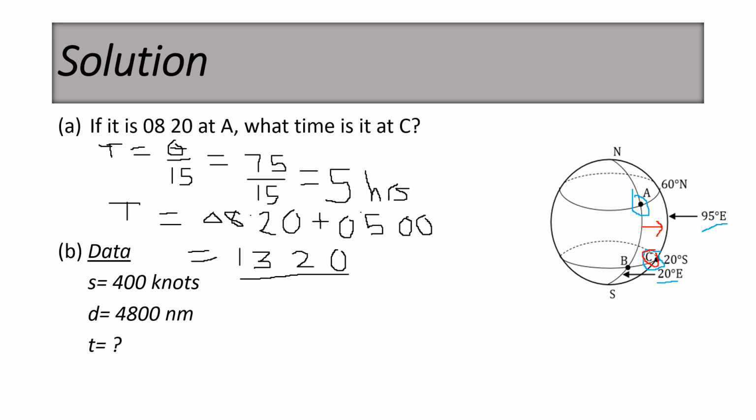In this case, time is what is missing. Let's introduce the formula: speed is equal to distance over time.